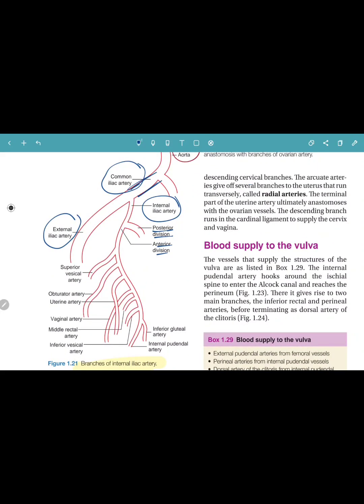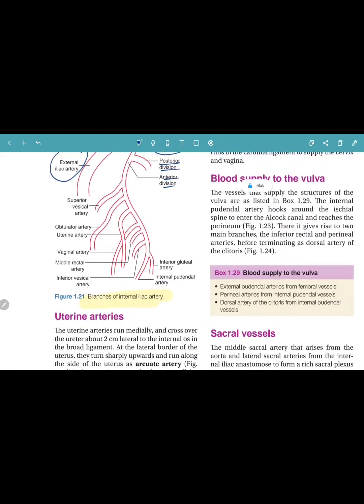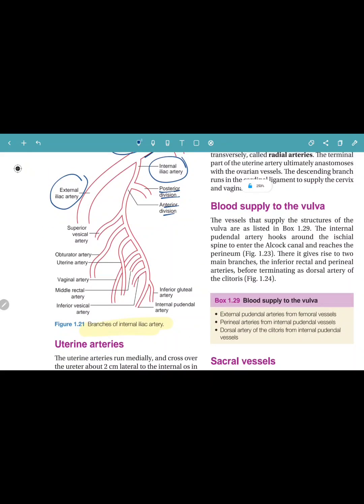What are the arteries in the anterior division?